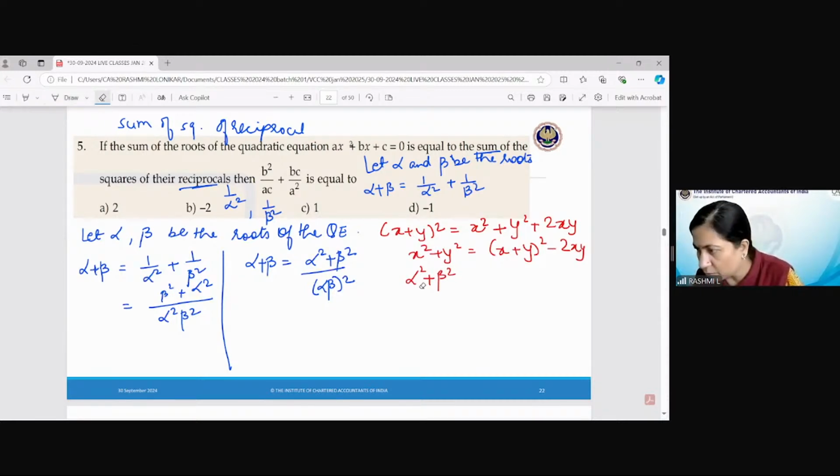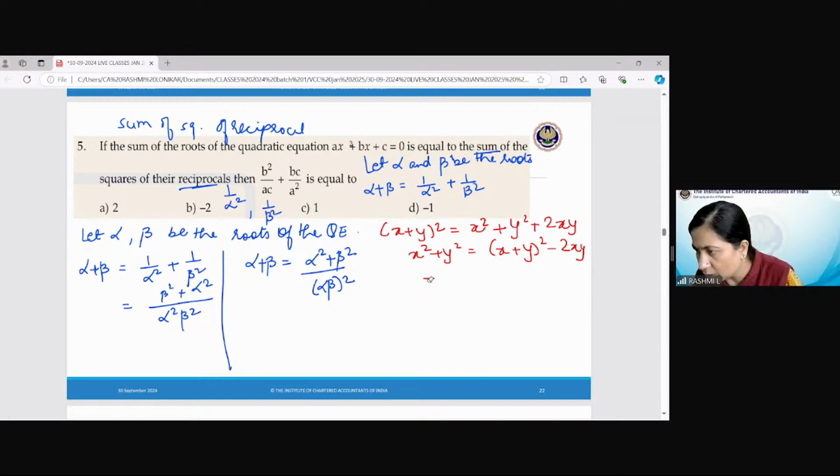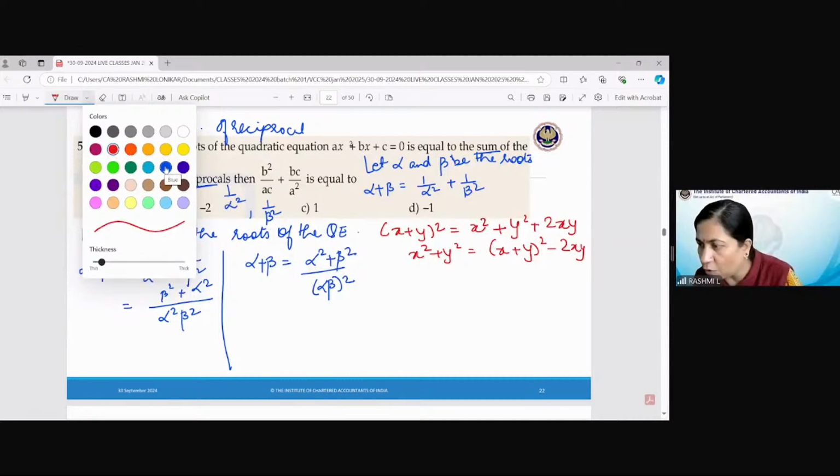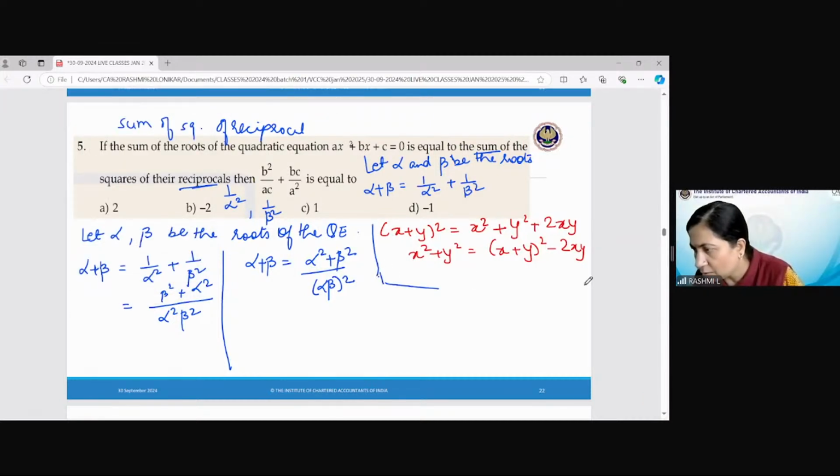Let me write this. And please remember that this is just the formula I have written for you. So here alpha square plus beta square is equal to alpha plus beta whole square minus 2 alpha beta.